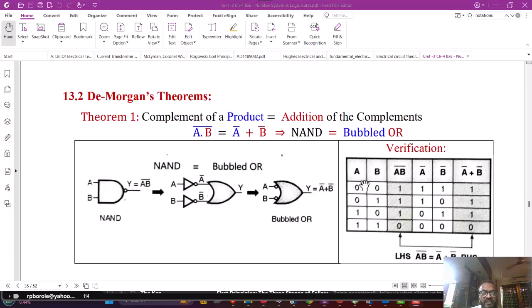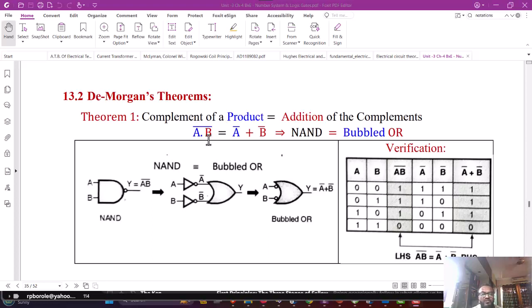The next two theorems, which are also used for further simplification, are De Morgan's theorems. The first De Morgan's theorem states that the complement of the product is the addition of the complements. Let us see. A and B are the two variables.